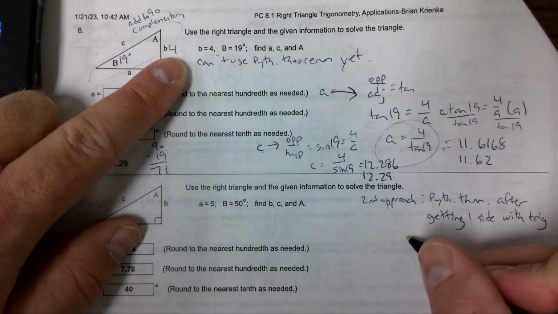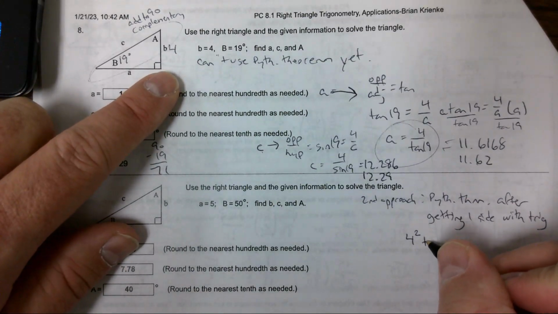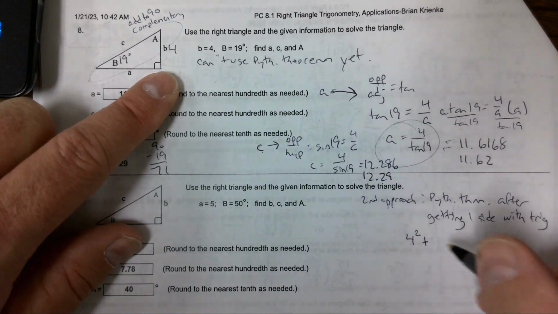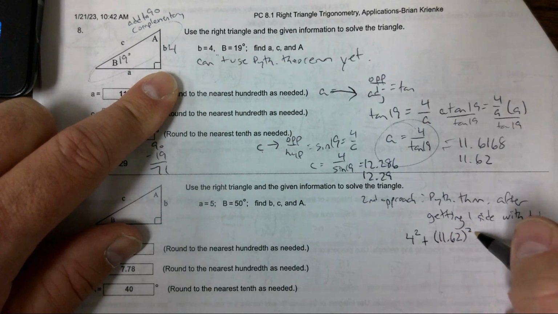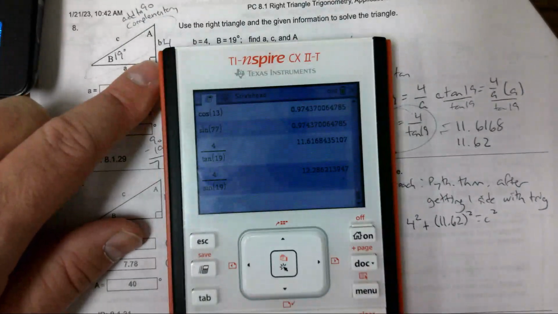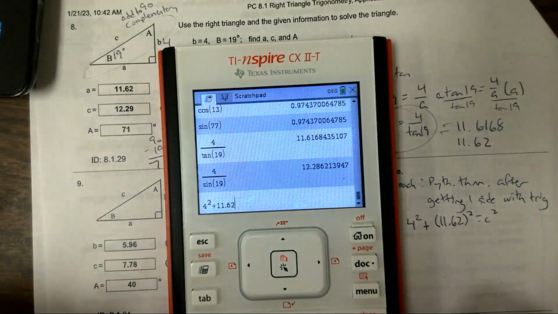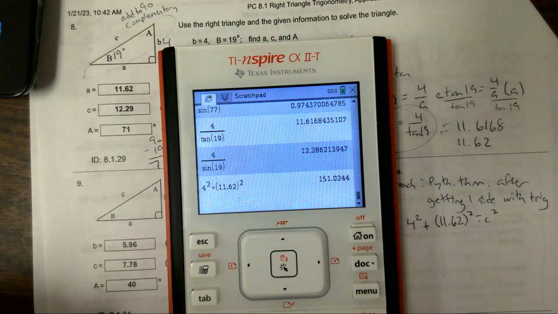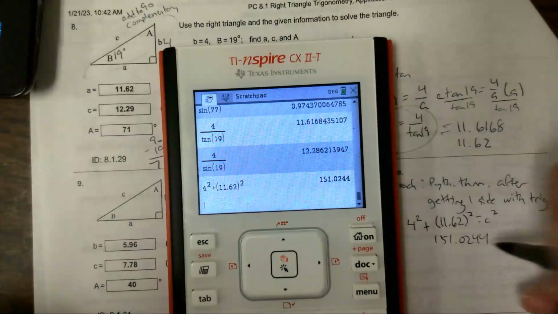We're going to have 4 squared plus, we said A is 11.62 squared equals C squared. 4 squared plus 11.62 squared. So that's 151.0244.